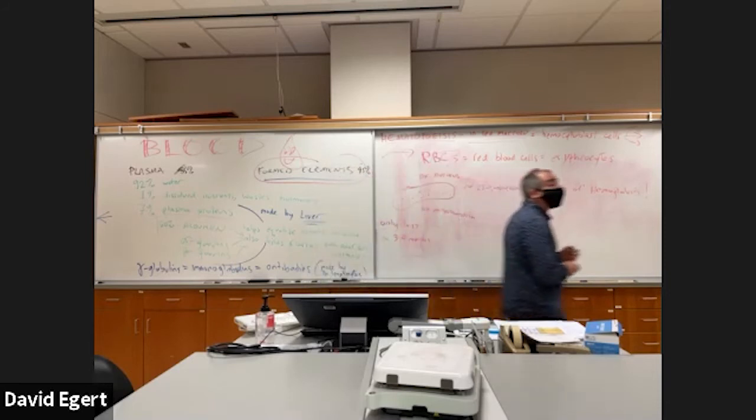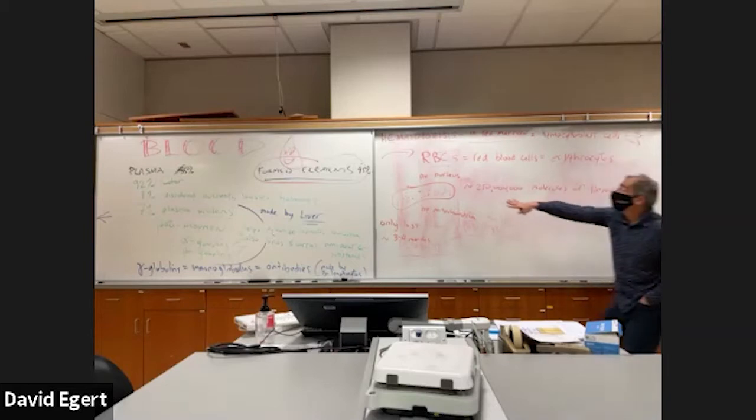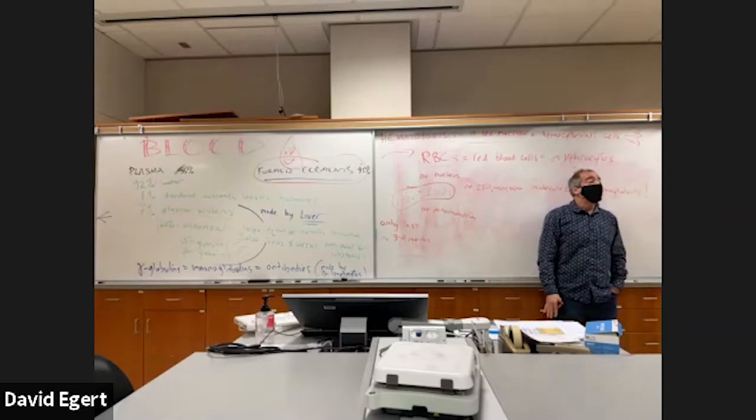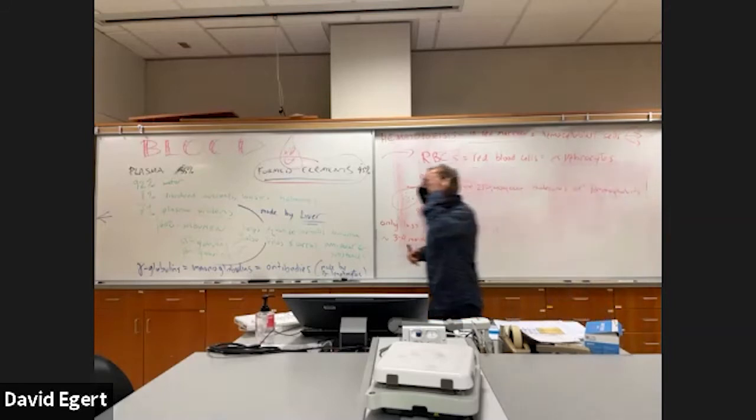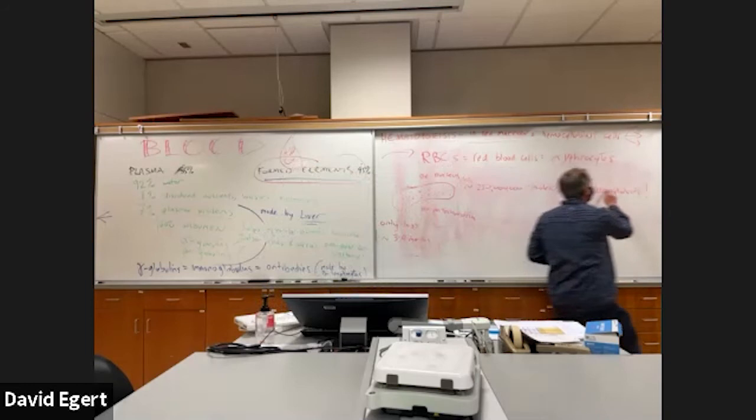That's why they're constantly getting recycled. We talked about the spleen being a red blood cell graveyard, or the sinusoidal capillaries of the liver. You're constantly recycling the red blood cells, and new ones are constantly getting made. Let's talk a little more about hemoglobin.